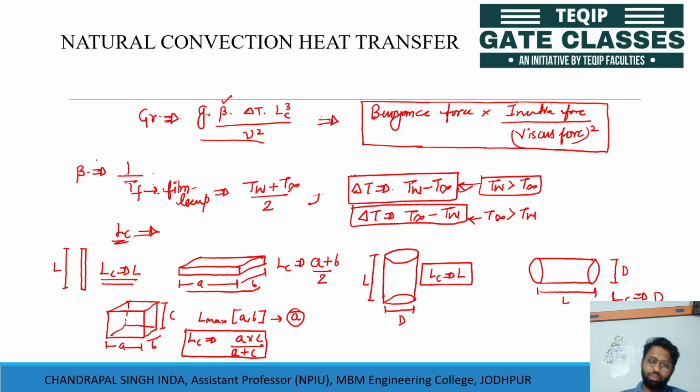And if we have a sphere, the maximum length traveled by the fluid will be the diameter of the sphere, and that is the characteristic length. So this is how we will find the characteristic length for the different geometries.